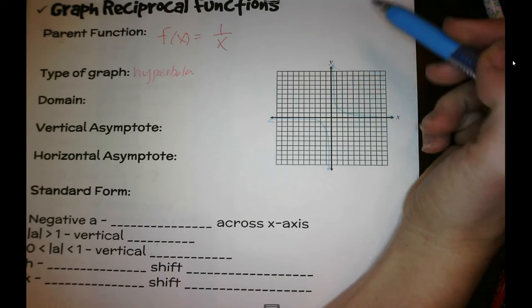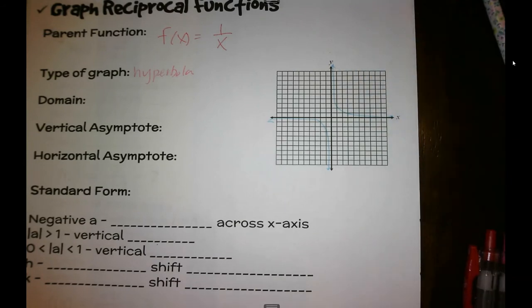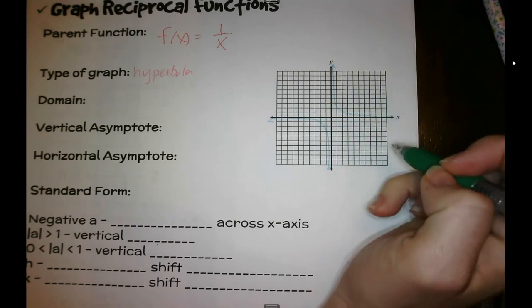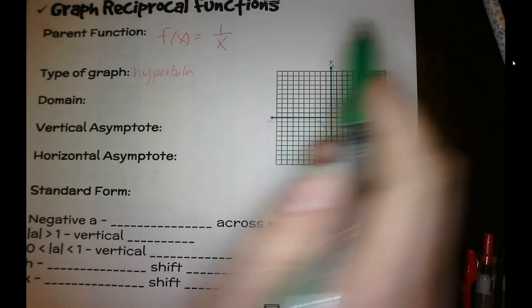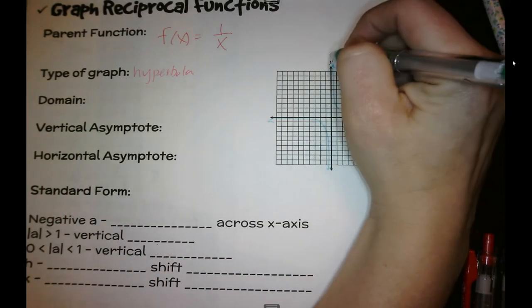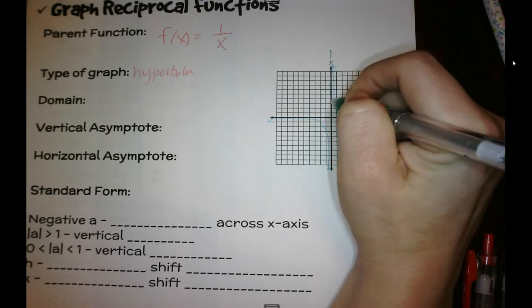It's going to get really close, but never ever touch. So that's something that's really unique about these kinds of graphs. And so they have what we're going to call a vertical asymptote and horizontal asymptote. So we're going to have a vertical asymptote here.